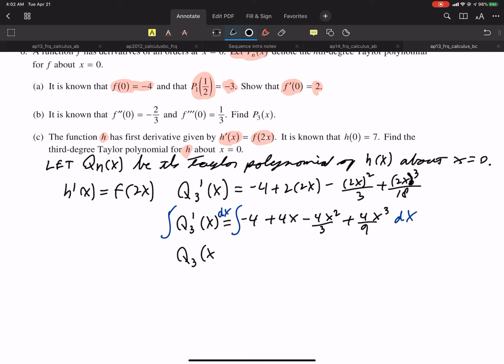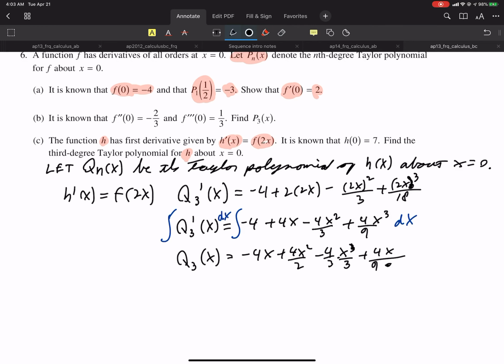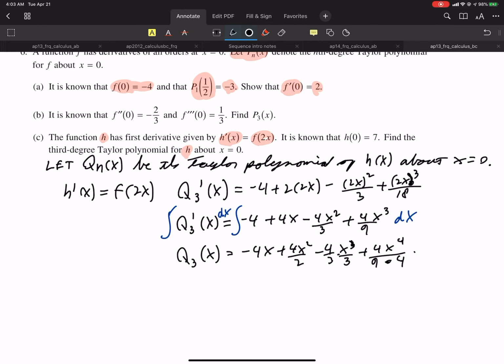Q is negative 4x plus 4x squared over 2 minus 4 cubed x cubed over 3 plus 4x cubed, whoa, you got to add 1 to the exponent, to the 4th over 4 plus a constant c that we need to find.